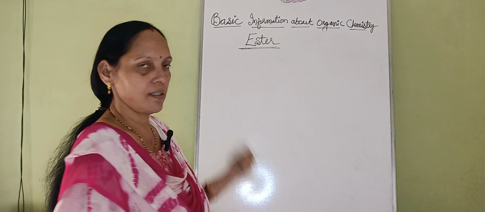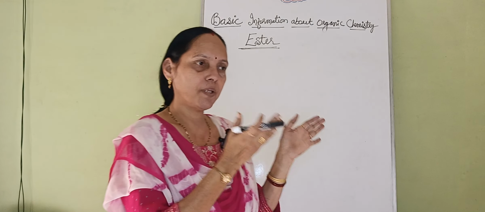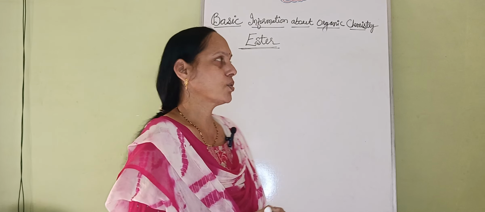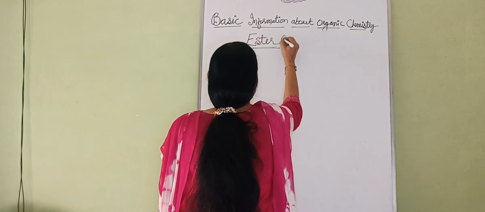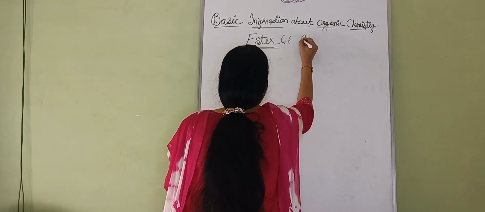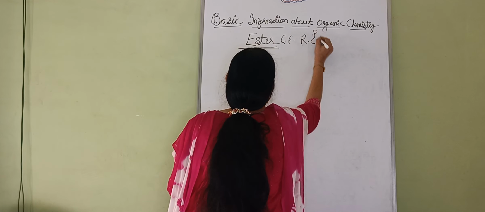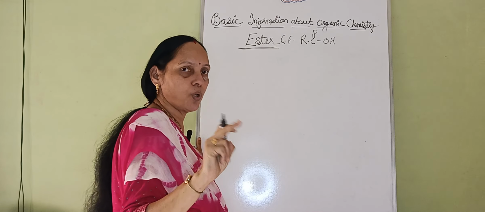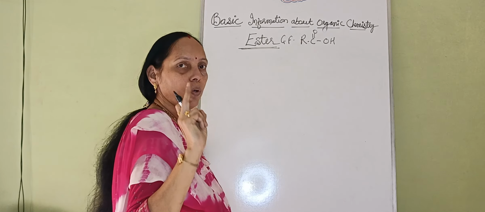So now, what is an ester? In our previous video we have already completed the acid and the general formula of the acid. If you recall, the general formula for acid was RC double bond OH.